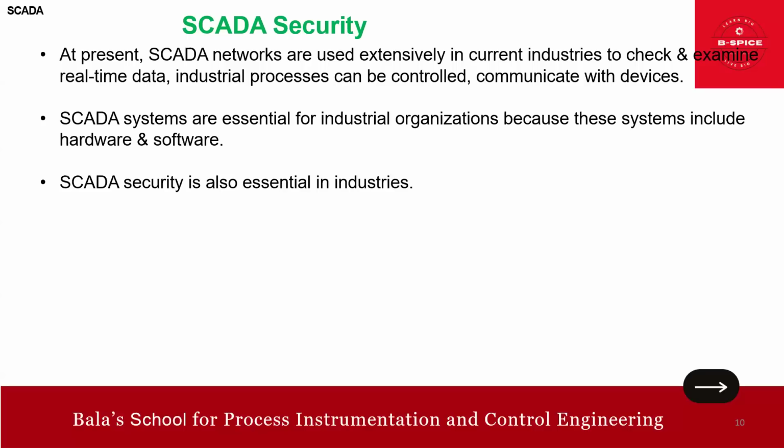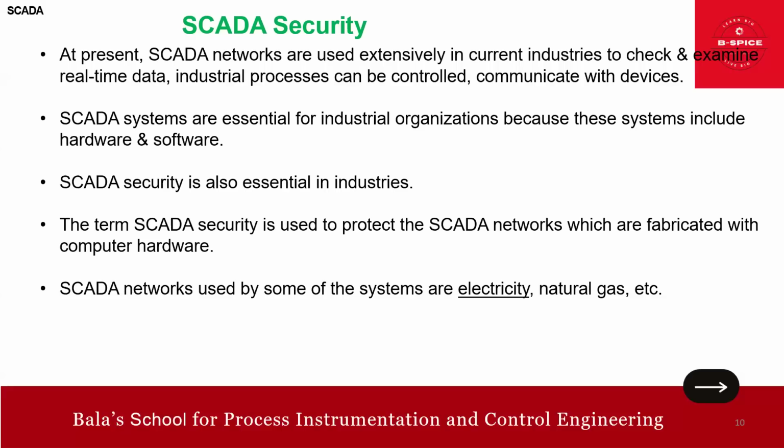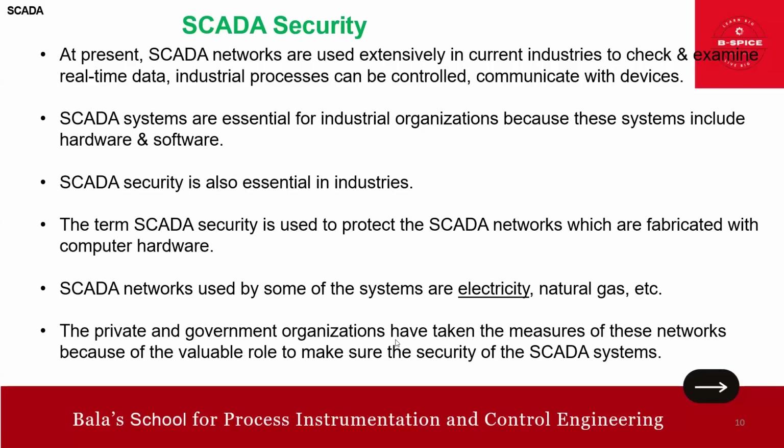So SCADA security is also essential in all these industries, any of the industries for that matter. The term SCADA security is used to protect the SCADA network, which is fabricated with computer hardware. Of course, SCADA networks are used by some of the critical systems like electricity, natural gas, water distribution, power, and many more. So private and government organizations have taken measures for this network because of its valuable role, to make sure of the security of the SCADA systems.